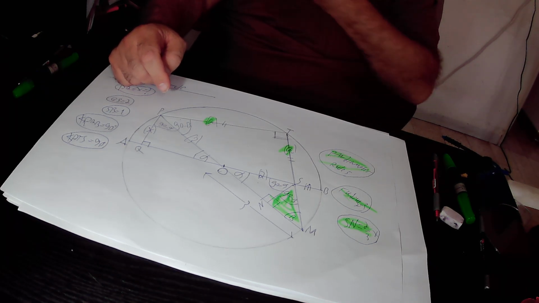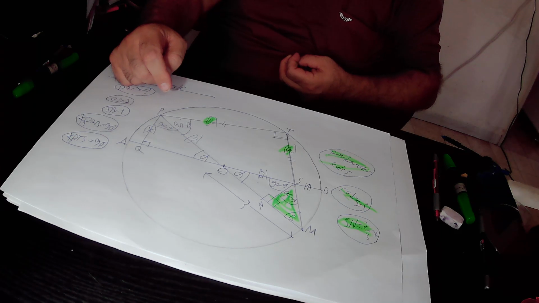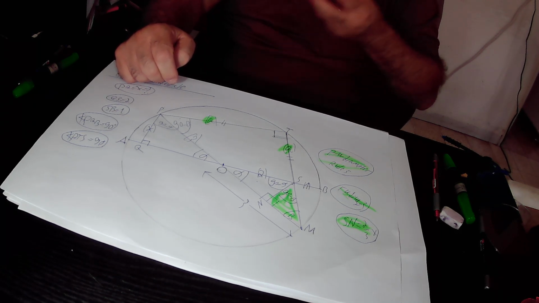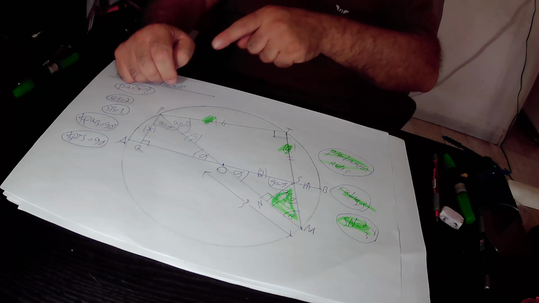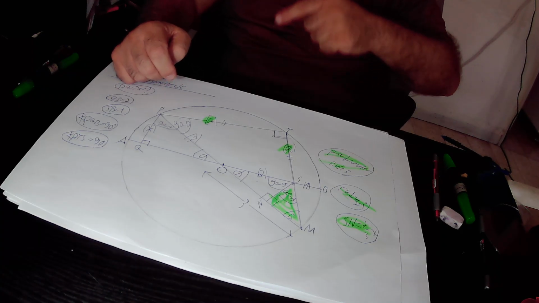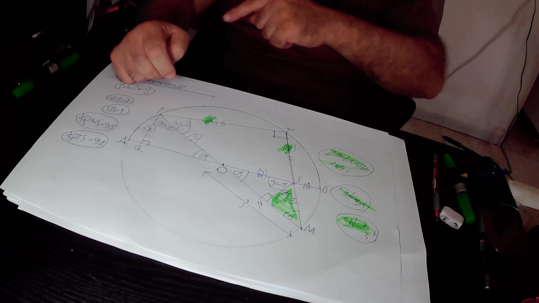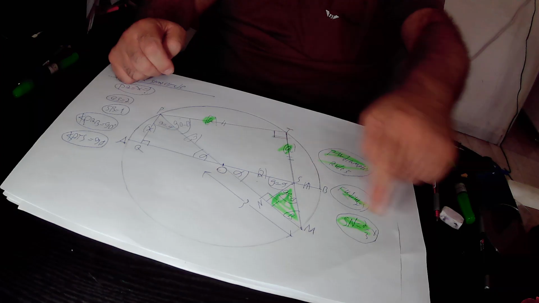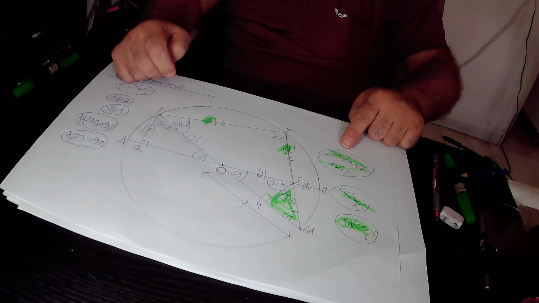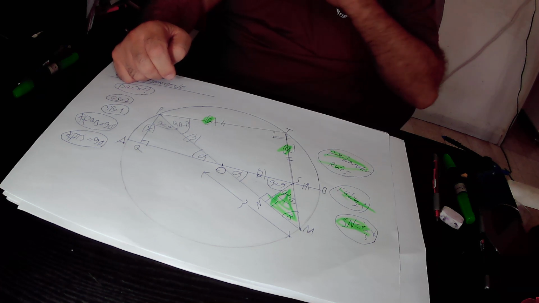According to rule 5, any peripheral angle equal to 90 degrees, like this peripheral angle PTM, must subtend the diameter of the circle. Therefore PM must be the diameter of the circle according to rule 5.